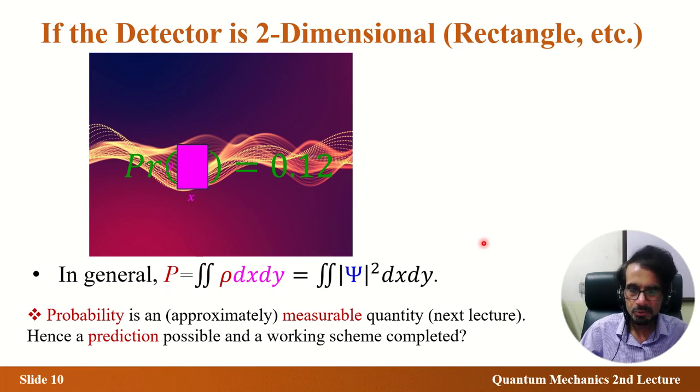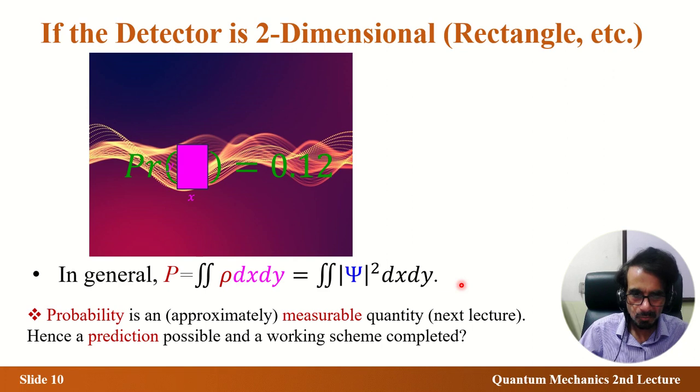I summarize the 4 steps in the conclusion, but you can see that when the steps are done, the net result is a probability, that's a number, and the next video topic is how to measure probability. But if it is measurable, we have made a prediction completely through quantum mechanics.